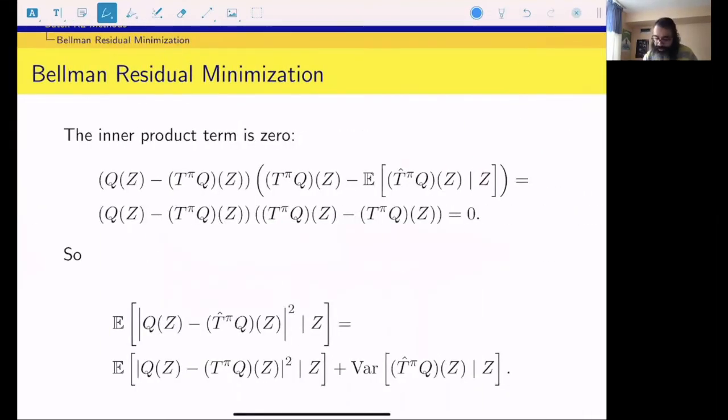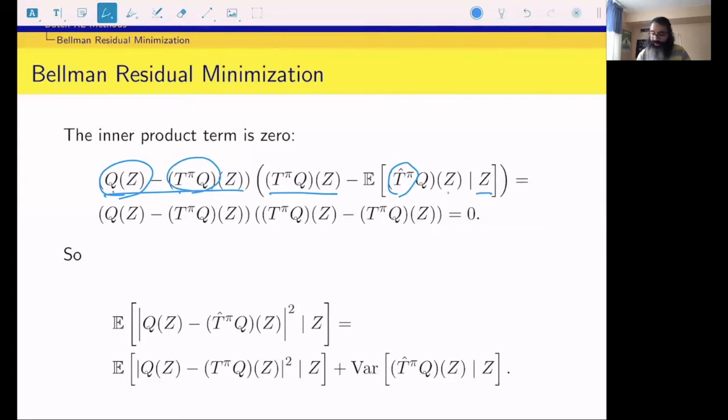So the inner product becomes Q minus T pi Q, this whole thing, times, I could take both of them out of the expectation, because for Q of Z there is no randomness conditioned on Z, and for T pi of Q at Z there is no randomness conditioned on Z. The same holds for the T pi of Q term in the second part of that inner product, minus the expectation of T hat pi of Q evaluated at Z conditioned on Z.